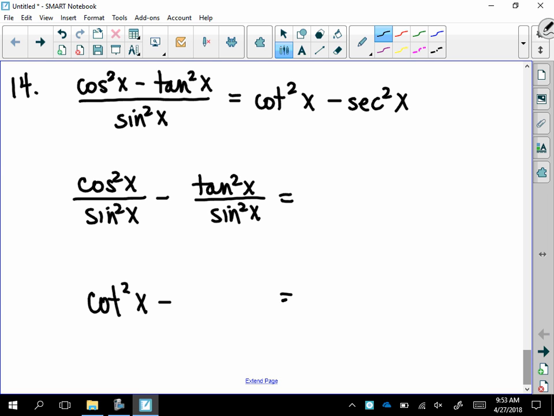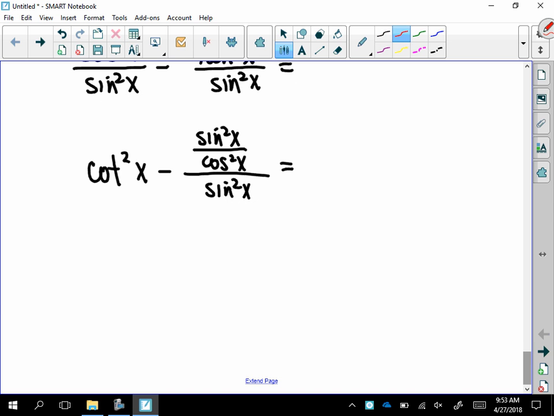Now this one, tangent squared would be sine squared over cosine squared, and then all of that over sine squared. You could, or just end up dividing. I mean, sine squared over cosine squared divided by sine squared would be the same as multiplying by 1 over sine squared. So those cancel.